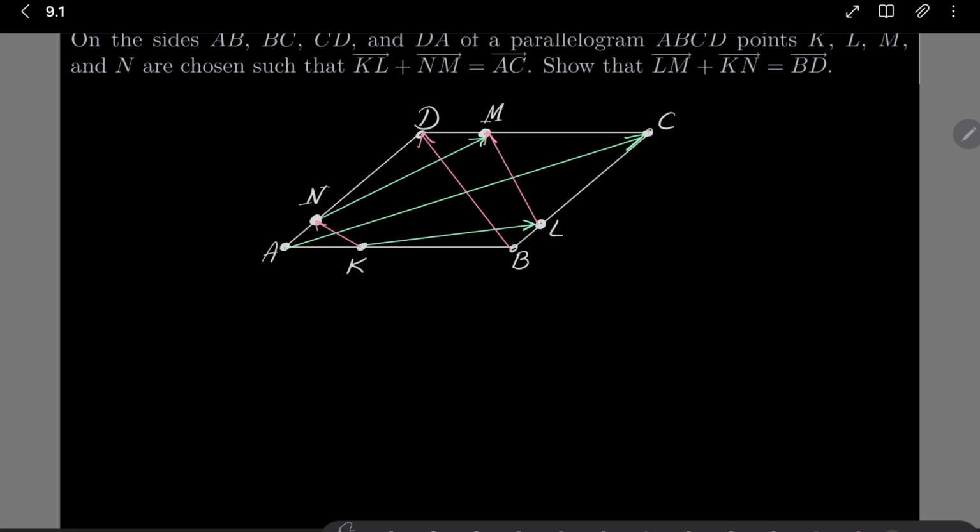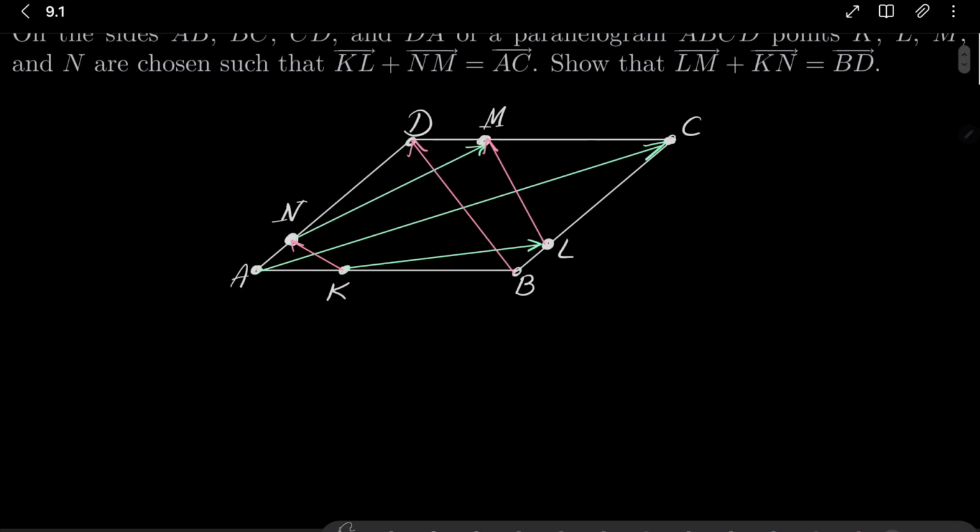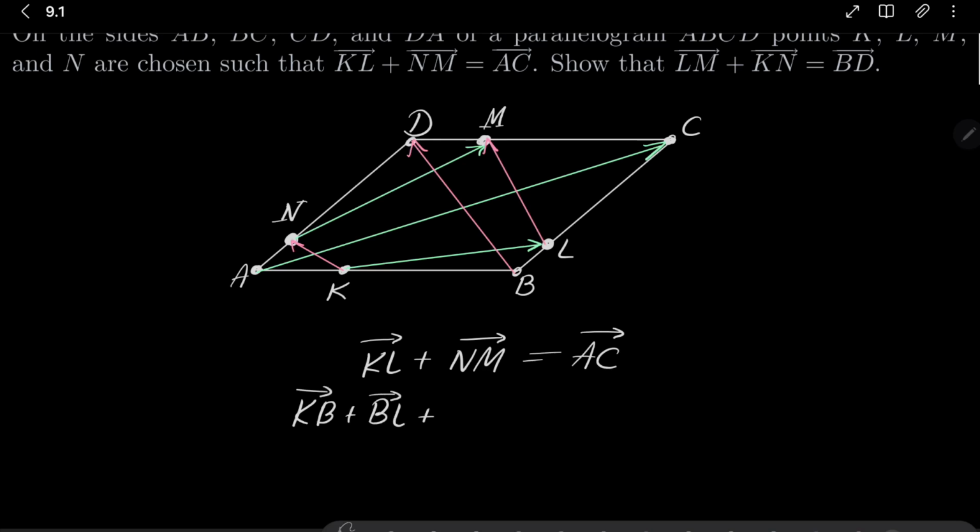Alright, so I have made my drawing and I will take our assumption that KL plus NM equals AC. I will take this equation, and now let's take a look. What is KL? To get from K to L, we can first go from K to B, and then from B to L. NM, what is NM?